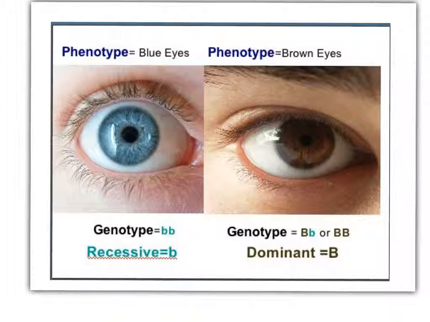Okay, so remembering that the phenotype brown eyes is controlled by a dominant allele, and the phenotype blue eyes is controlled by the recessive allele, or lowercase b. So for blue eyes, the genotype can only be two of the recessive alleles, whereas the genotype for brown eyes can either be heterozygous or homozygous dominant.